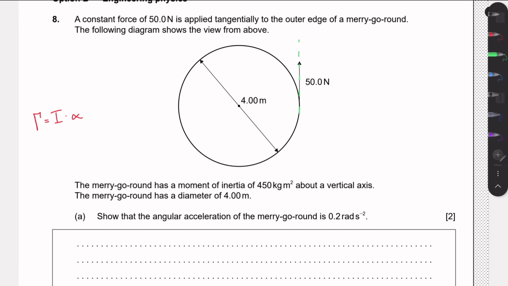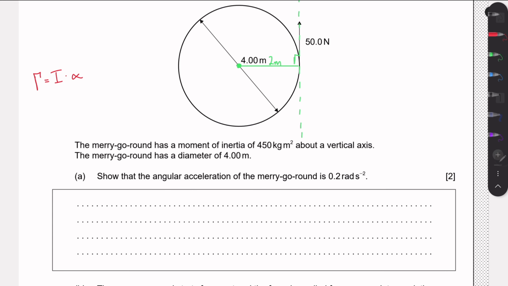So we need to see the arm of this force, the distance of this force from the axis. The axis of rotation is this middle point, so we need to draw a perpendicular line and see what this distance is. We just see that this is the radius of the circle, which is 2 meters. So the arm of the force is 2 meters.